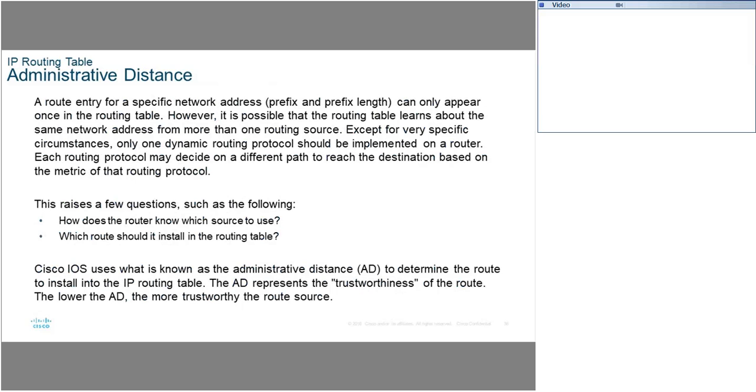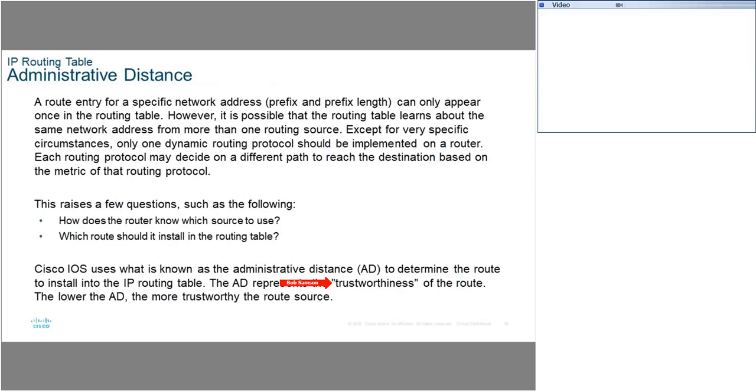So here's this idea of an administrative distance, a capital AD for administrative distance. They say you'll see this term trustworthiness of the route. The lower the administrative distance, the more trustworthy it is. Well, you know, what is it, sneaky, or you loaned it money once and it never paid it back? How trustworthy is it?